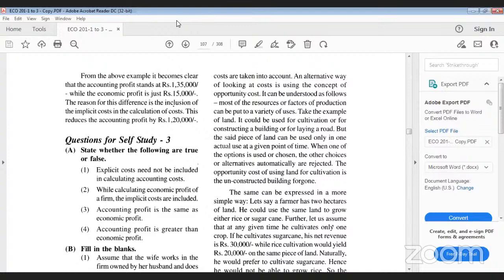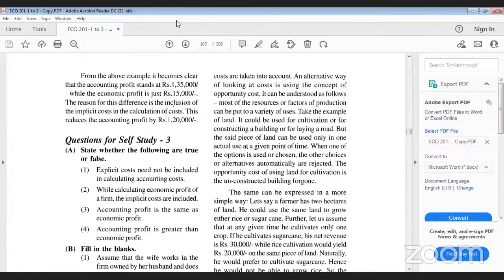An alternative way of looking at cost is using the concept of opportunity cost, and it can be understood as follows. Most of the resources of production can be put to a variety of uses. Take the example of land.